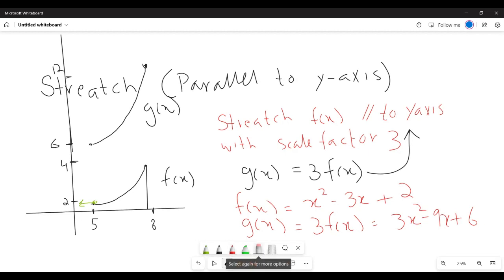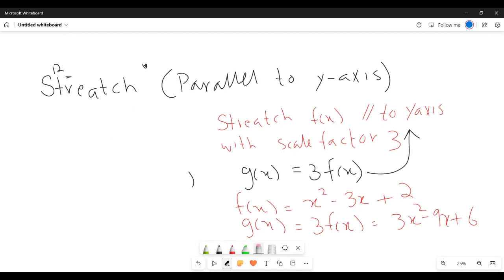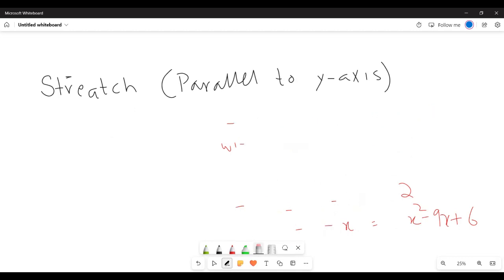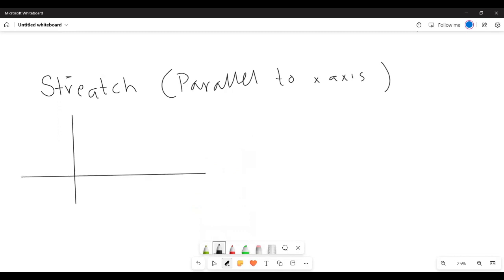Now let's discuss stretch parallel to the x-axis. So let's say we have a curve like this, and we have, let's say, 2 here. Let me make it bigger.